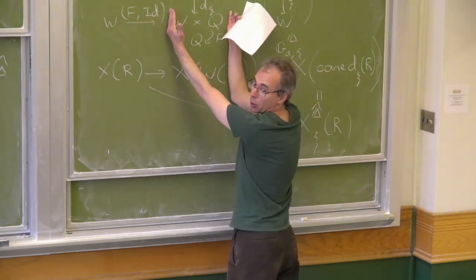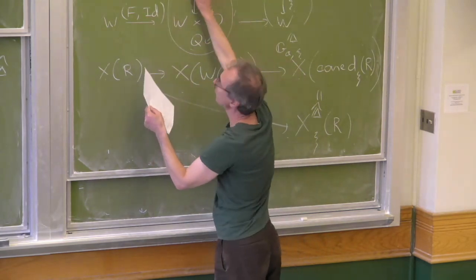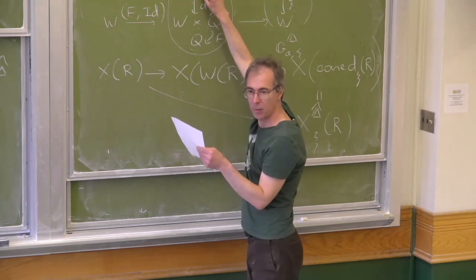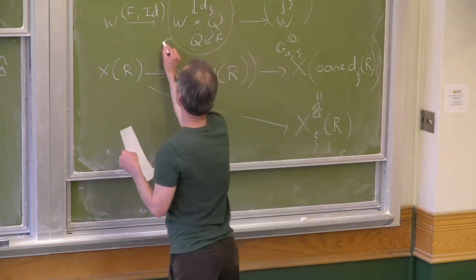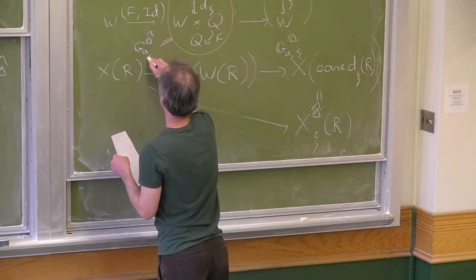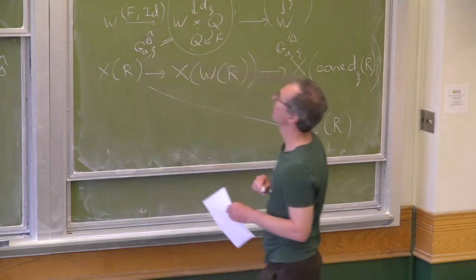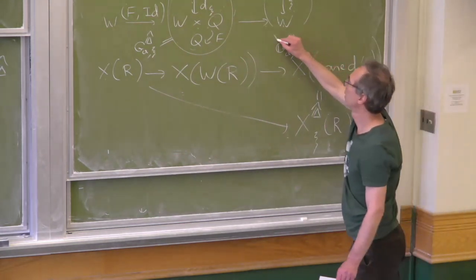I do have it, because the sheared prismatization of the affine line is the cone of this map. So this is the sheared prismatization. Sorry, I was confused with up and down and left and right.